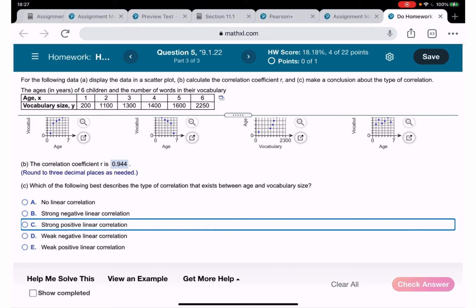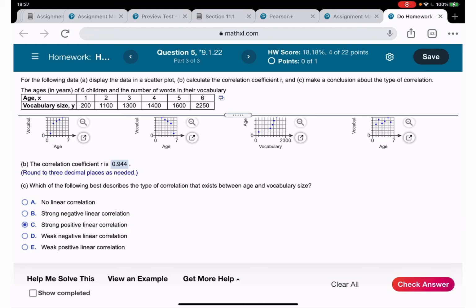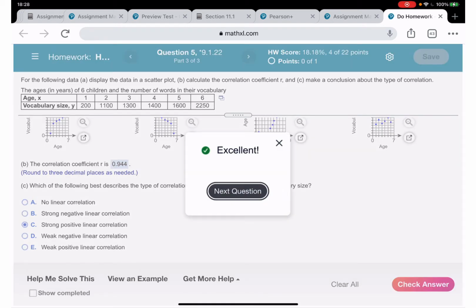Strong positive, strong negative, weak negative, weak positive. It's not weak, I would say strong positive. Based on the correlation coefficient 0.944, that's a strong correlation coefficient and a strong positive linear correlation. Bingo.